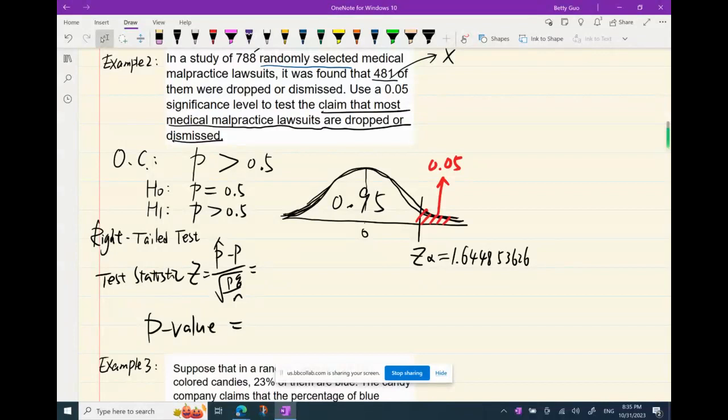Let me know what you have for the test statistic and the p-value. I'm going to write down mine, and you can compare with mine. The test statistic is z, right? We have 6.198493349. The p-value, I'm going to write whatever is on my calculator, 2.861967 e to the power of -10.